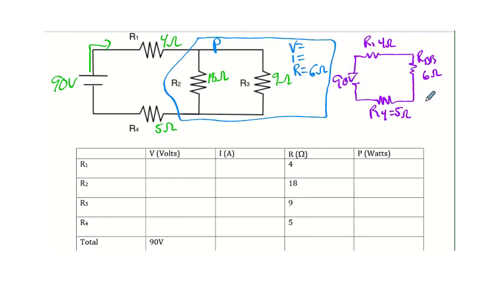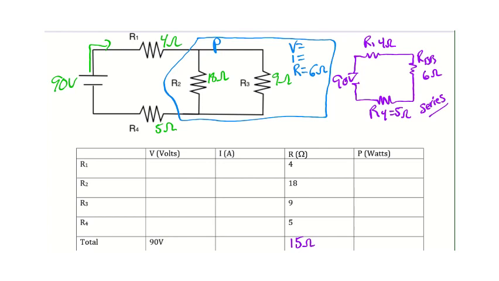So you can see in purple here that I've simplified this to be a series circuit. So we're going to follow the rules for series. If you look at your voltage, current, and resistance chart, you can see that resistors in series add. So 4 plus 6 plus 5 is going to give you 15 ohms of total resistance.